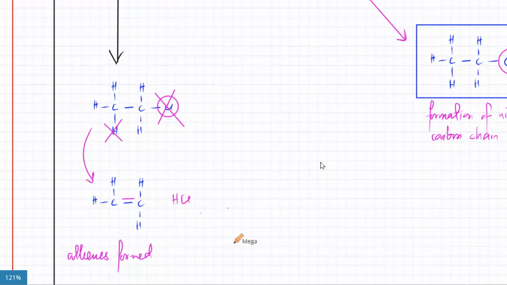And remember, watch out for cis-trans. We had discussed a similar reaction. So remember, halogen is lost from one atom, and H is lost from the adjacent carbon atom.